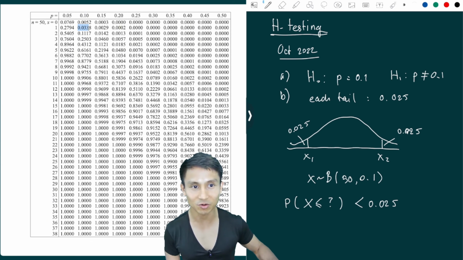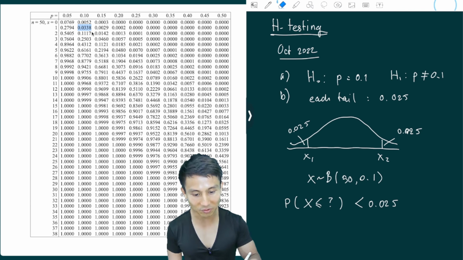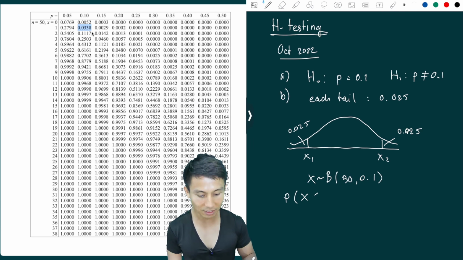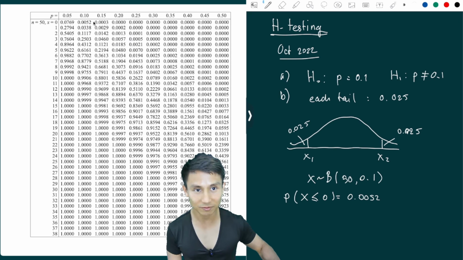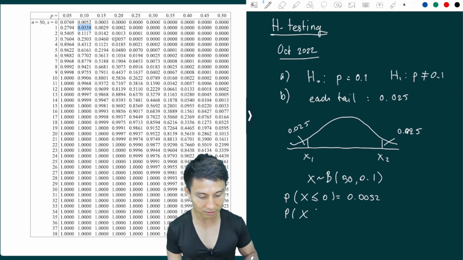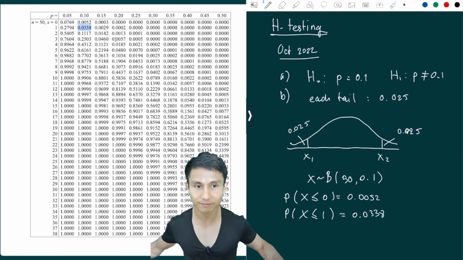And it seems like if we do P of x less than or equal to 1, we're going to get already greater than 0.025. So we've got to write two values here. I'm going to write P of x less than or equal to 0, which is x equals 0 basically, 0.0052 for this one, and P of x less than or equal to 1 equals 0.0338.